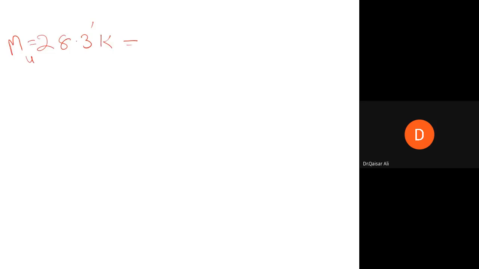To convert this into inch kip, multiply this by 12. So this comes out to be 339.6. Let's say it is 340. 340 inch kip is the bending moment for which we will design this flat slab.